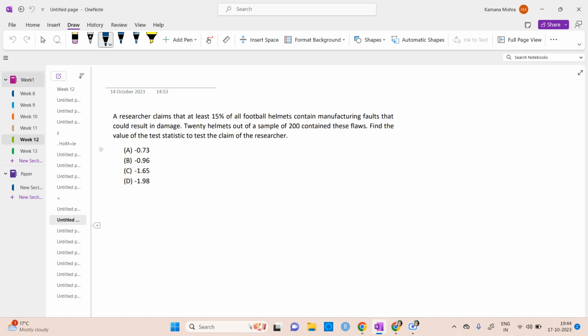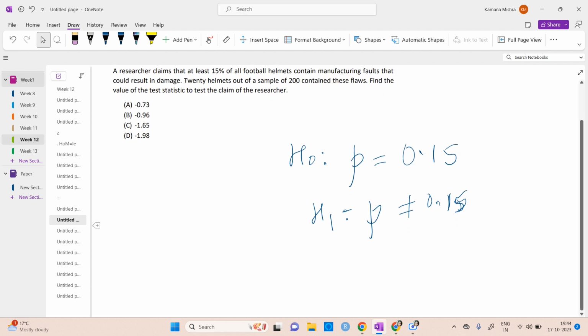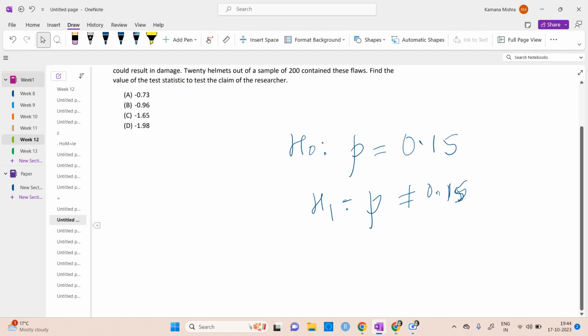Now H0 is 15%, so we take p equal to 0.15, and H1 we take p not equal to 0.15. Here n is 200 and x is 20.